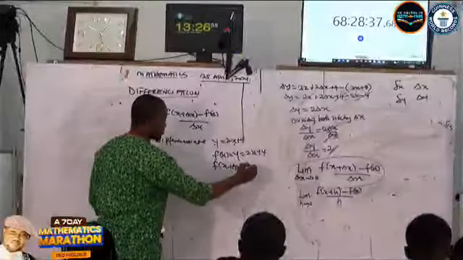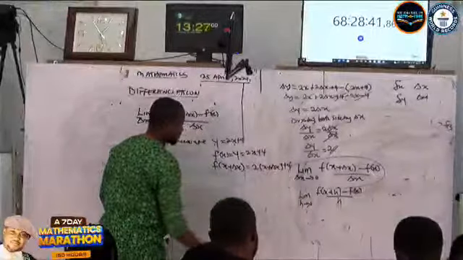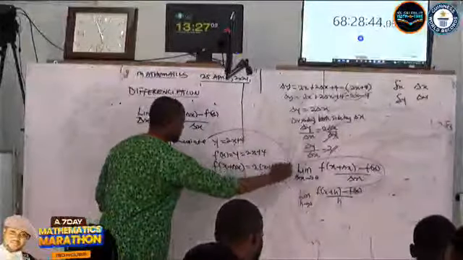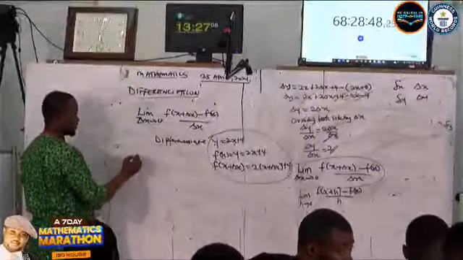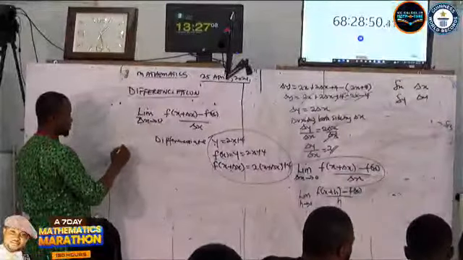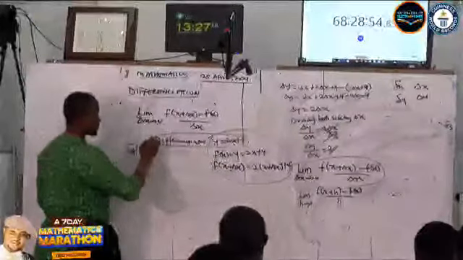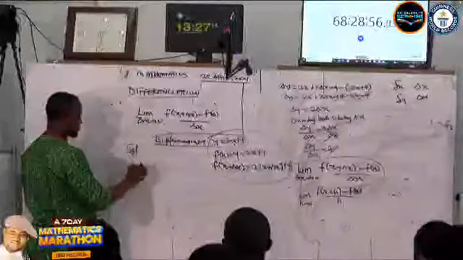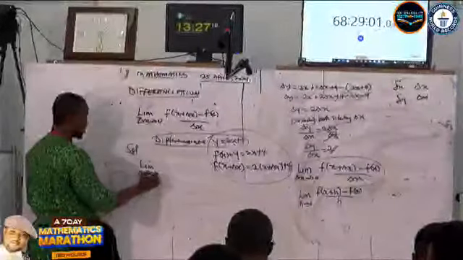That will be what? 2 into x plus change in x plus 4. I mean, this is just by the way, to give you a clue what we want to do here. So coming to this now, you say solution, differentiate. I want to differentiate this. What I now do, you say lim as change in x tends to 0.